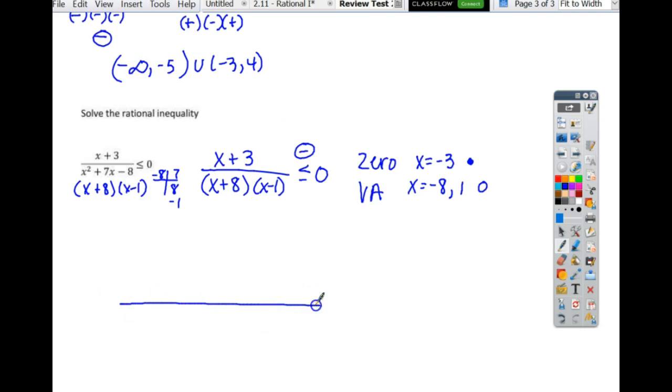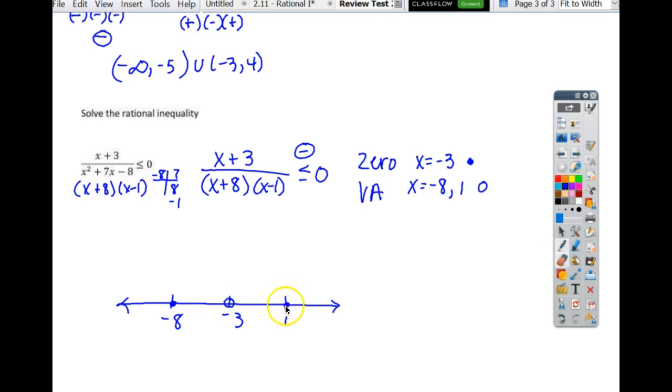So when you draw the number line, I'm going to put negative 8, negative 3, and 1. And the negative 8 gets a closed circle, the 1 gets a closed circle, and the negative 3 gets an open circle. Oops, I just did those exactly the opposite.